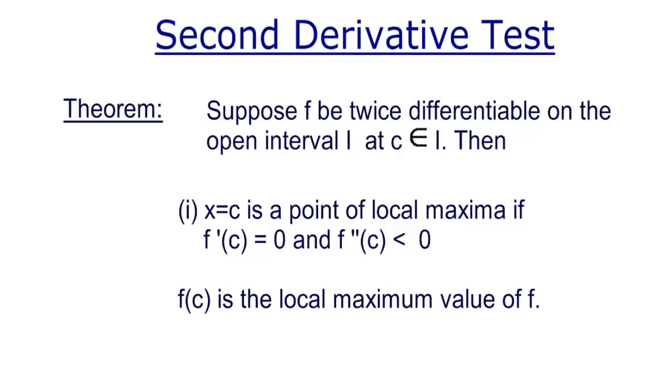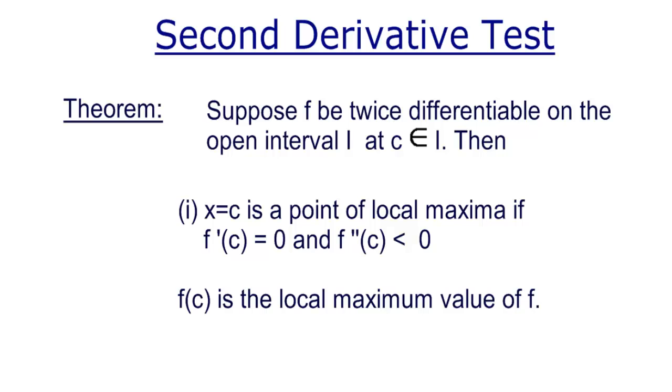The theorem says, suppose f is twice differentiable on the open interval I, and c is some point belonging to the interval. Then x equal to c is a point of local maxima if f dash c is equal to 0 and f double dash c is less than 0.